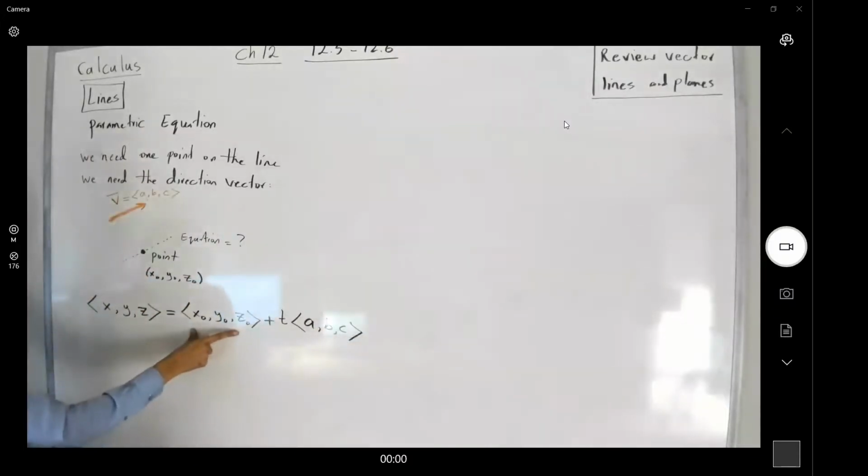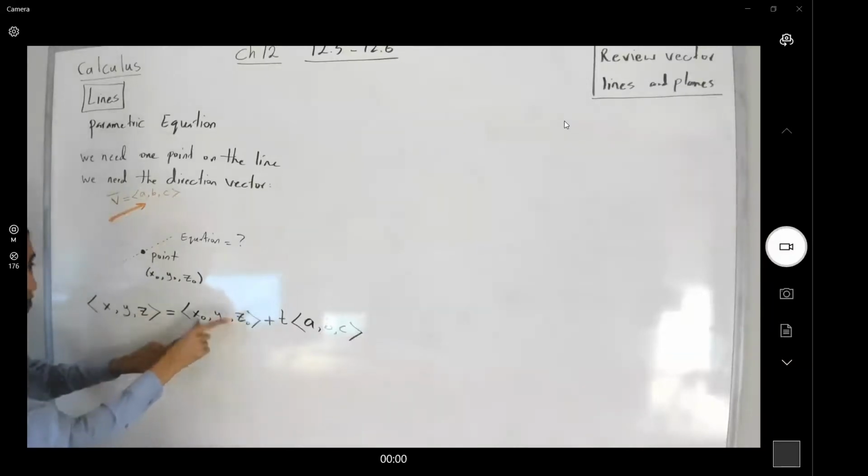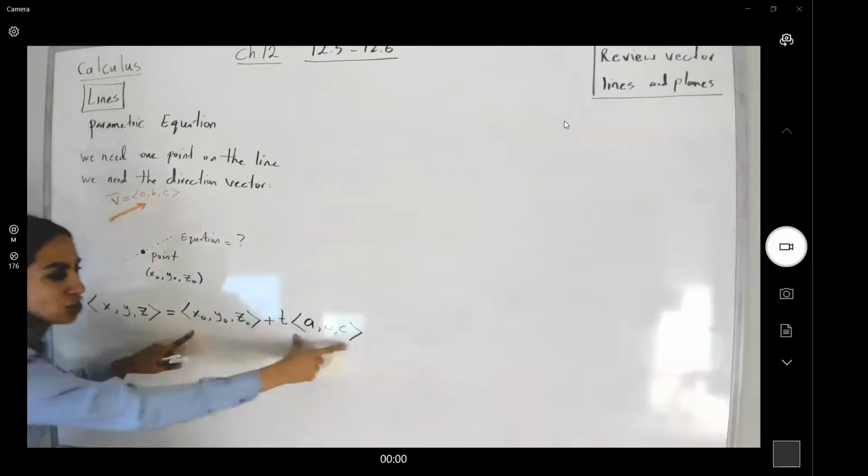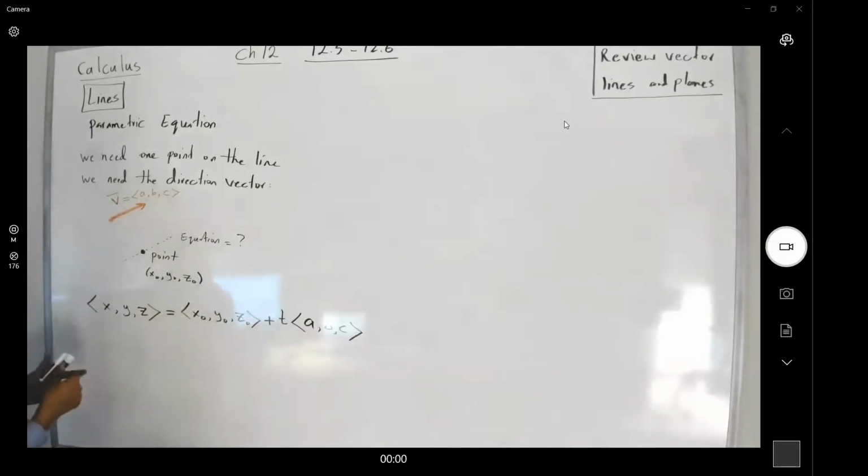So we have a point, and we connect the point to the origin to represent a vector, plus t times the direction vector.